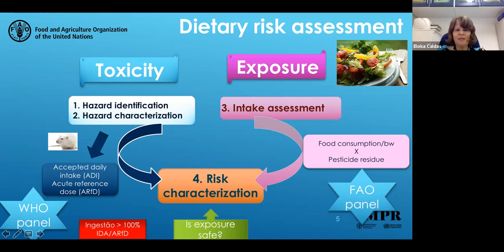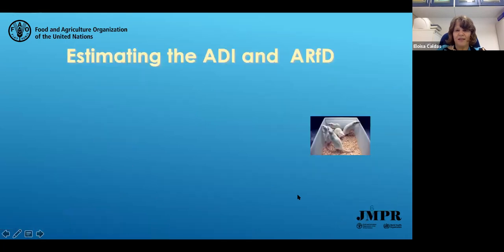We'll talk a little bit about this toxicity part, just for you to know how these numbers are derived. Just very short, one slide, because I do conduct studies on rats as well in my laboratory, not for pesticides, but for plant extracts. So most of the studies are conducted in rat.